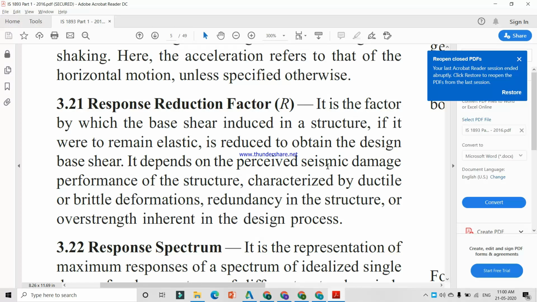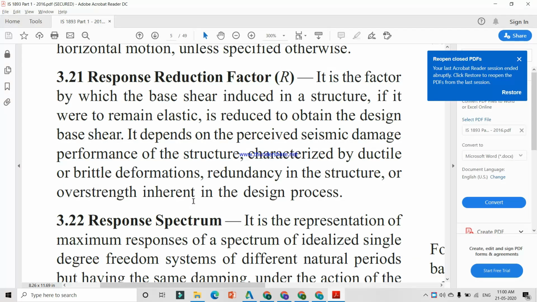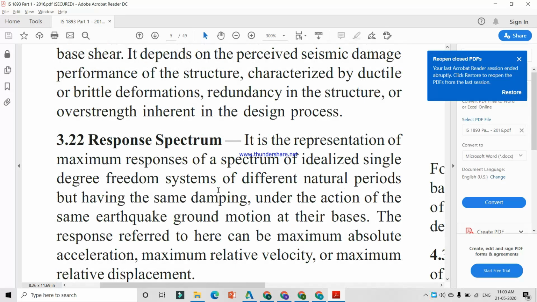It generally depends on the perceived seismic damage performance of the structure, and is generally characterized by ductile or brittle deformation, redundancy in the structure, or overstrength inherent in the design process.